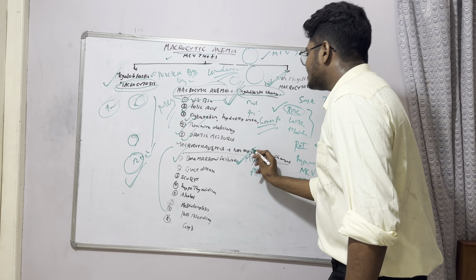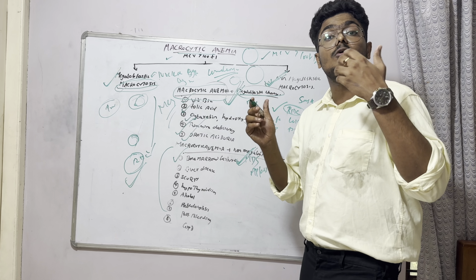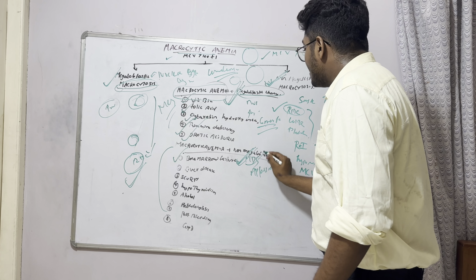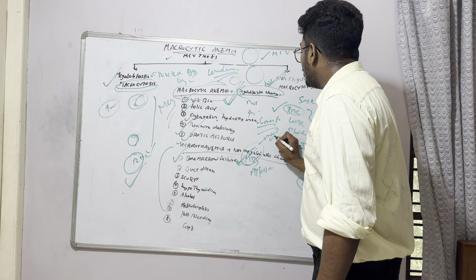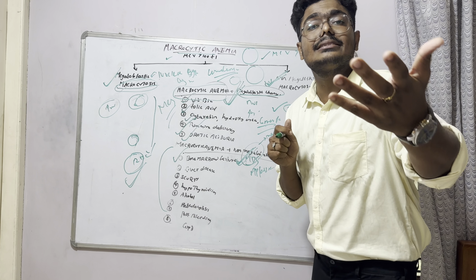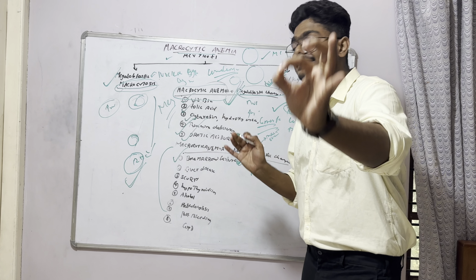MDS is the single most common reason for macrocytosis plus non-megaloblastic changes. And in MDS you can see macro-ovalocytes. In aplastic anemia also macrocytic anemia is there, but there are no megaloblastic changes.